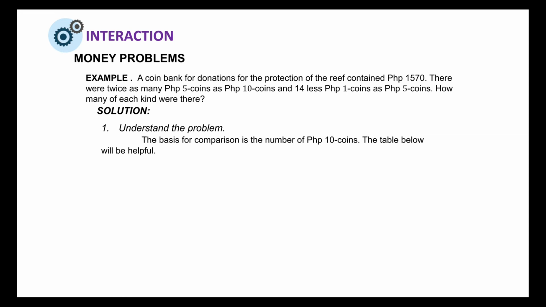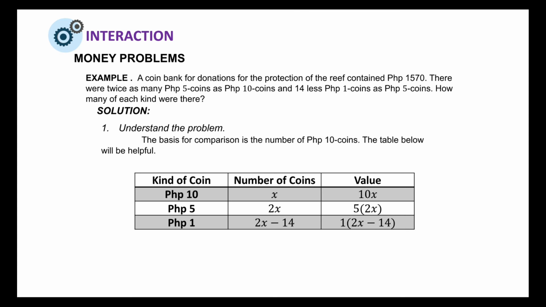The table below will be helpful. We have here 3 columns. The first column is the kind of coin. Then second column, number of coins. And its value is the third column. For the 10 peso coins, that is x.